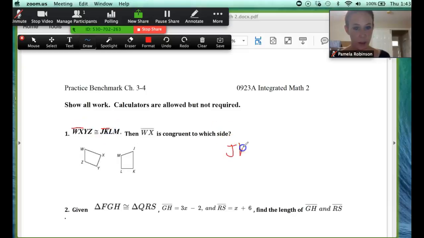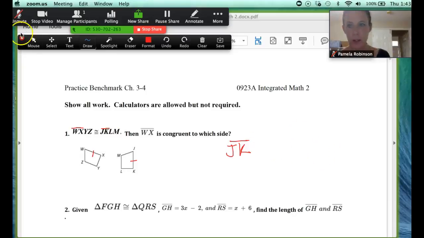If you look at the figures, here's WX, here's JK, and if I rotate this slightly, you can see that's true. This side should be congruent to this side. But you have to be careful when you label, and label them in the correct order.